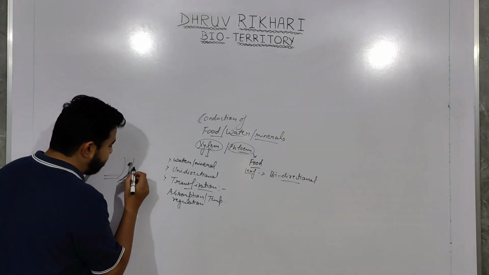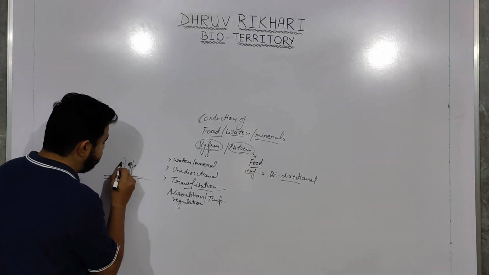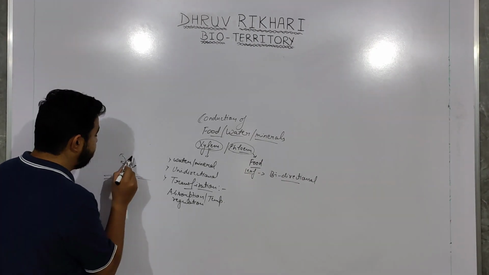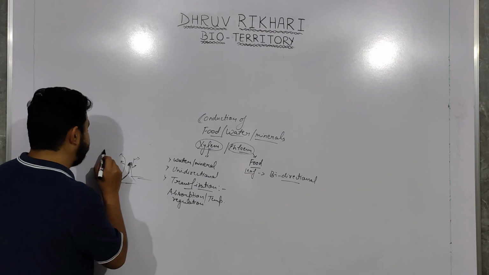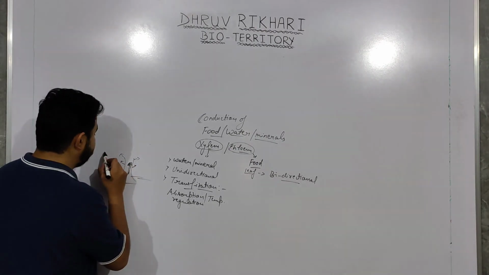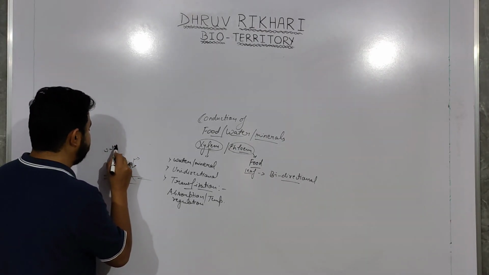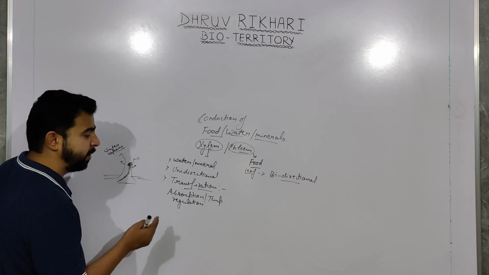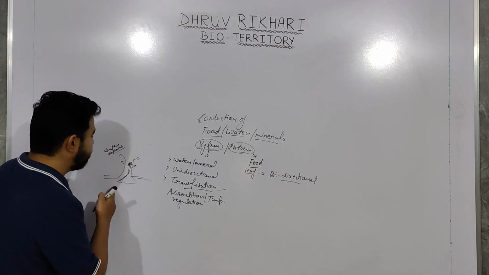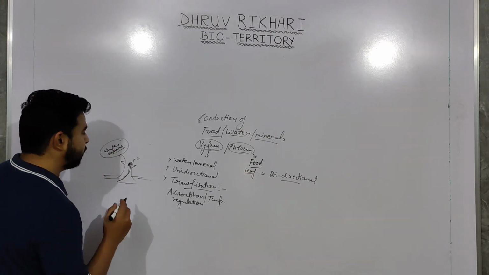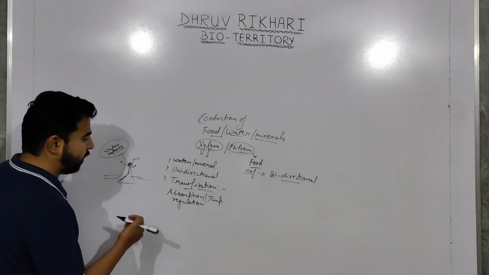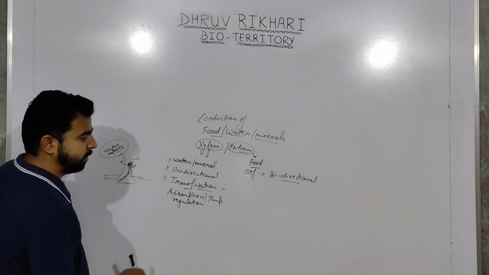So in transpiration what will happen? The aerial part of the plant will evaporate water. The water vapors will come out while the suction of water and minerals takes place from the roots. So these water vapors coming from the aerial part of the plant actually help in temperature regulation.